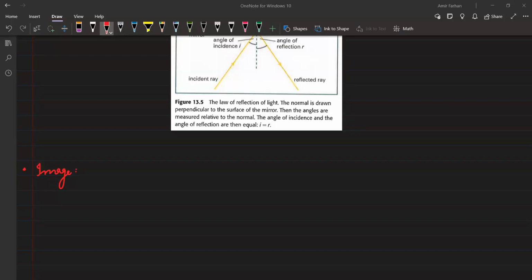Okay, image is an optical appearance of an object.